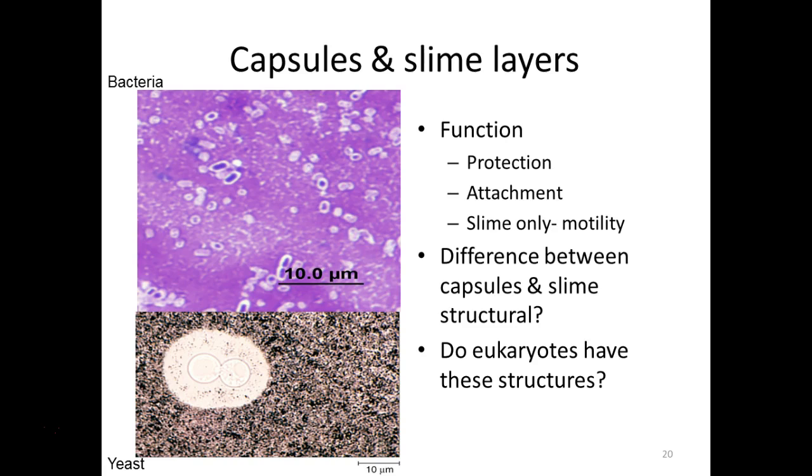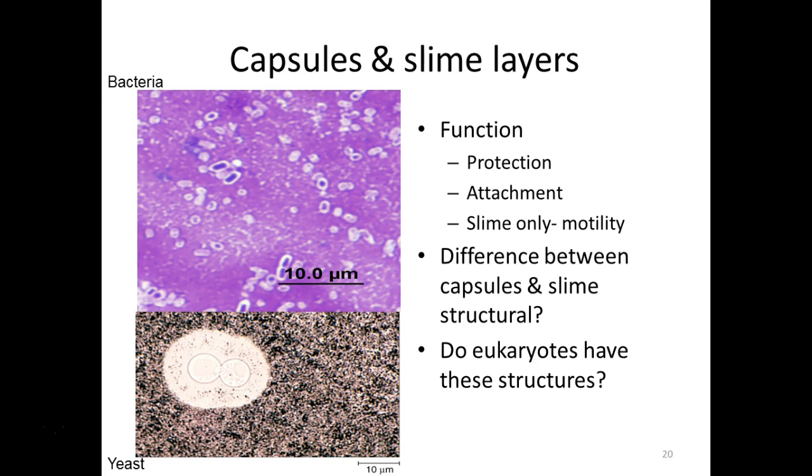Capsules and slime layers. So, if they have it, not all of them have these things, right? But if they do, it's going to be the outermost covering. So if we're talking about a gram-negative bacteria, you got the membrane, maybe a little bit of peptidoglycan, the outer membrane, then the capsule, right?